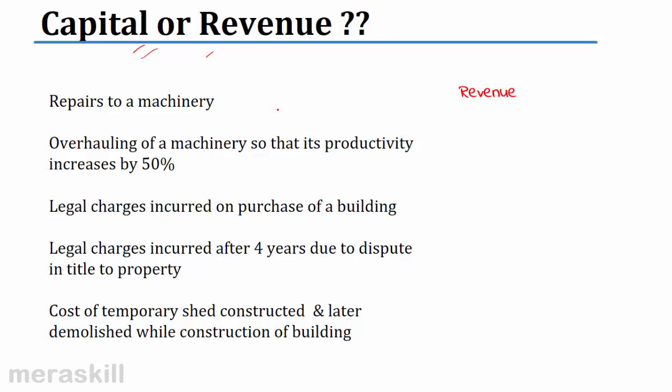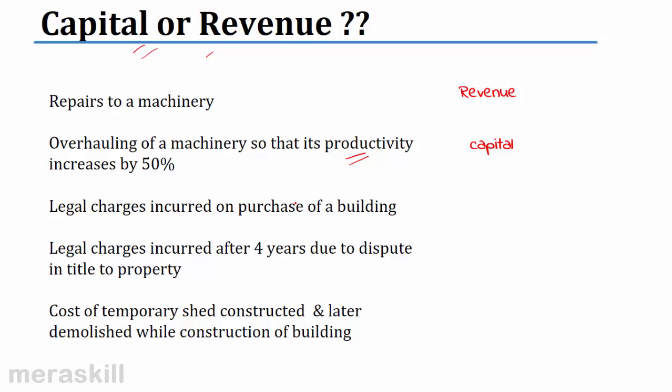It will go to the income statement. Correct? Next, we have overhauling of a machinery so that its productivity has increased by 50%. That's right, it should be capital. It becomes a part of the cost of the asset.